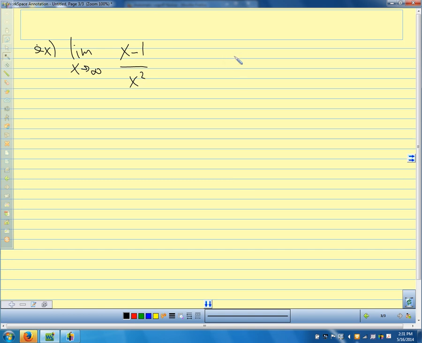So here, the degree of the denominator is greater. Do we remember our rules for horizontal asymptotes? What does the fact that the degree of the denominator is greater tell us?